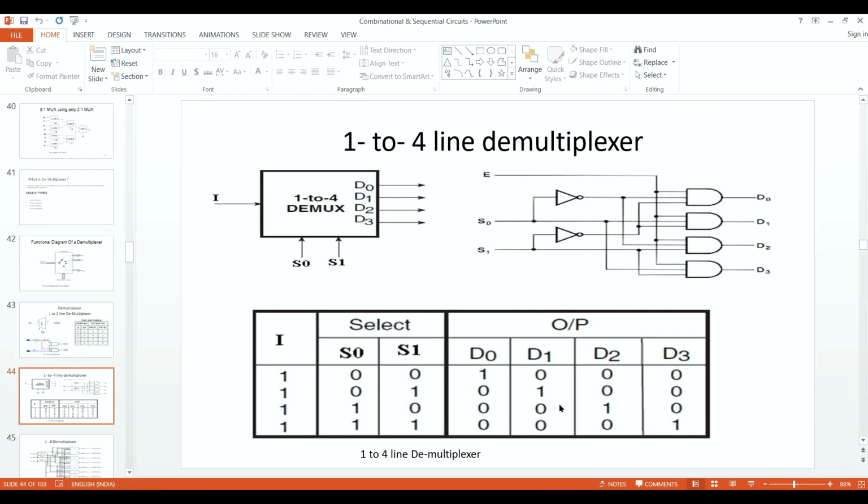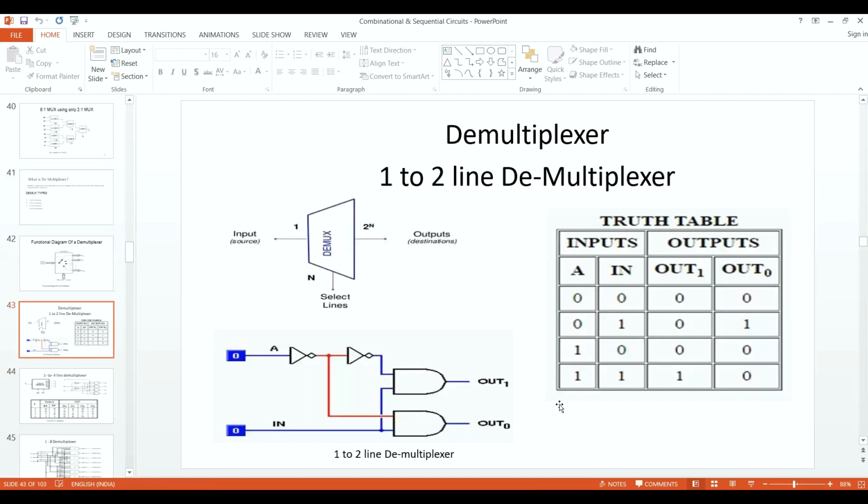And again, there is no need to cram it. Just see, in the truth table, we have 0, 0 and 1, 1. These are the available select combinations. The input we give can also be used as a clock. So we are taking the permutation combinations of 0 and 1.